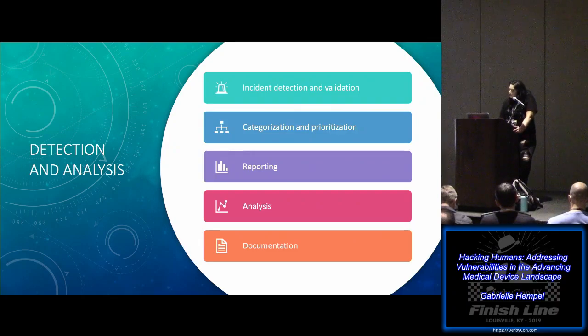Once we know the scope of the incident, we have to report. Oftentimes, there are formal and informal reporting obligations that accompany discovery of an incident. Analysis will be done once the initial incident parameters have been established in order to provide insights on both the vulnerability and the impact within the healthcare organization. Finally, documentation will be carried out.